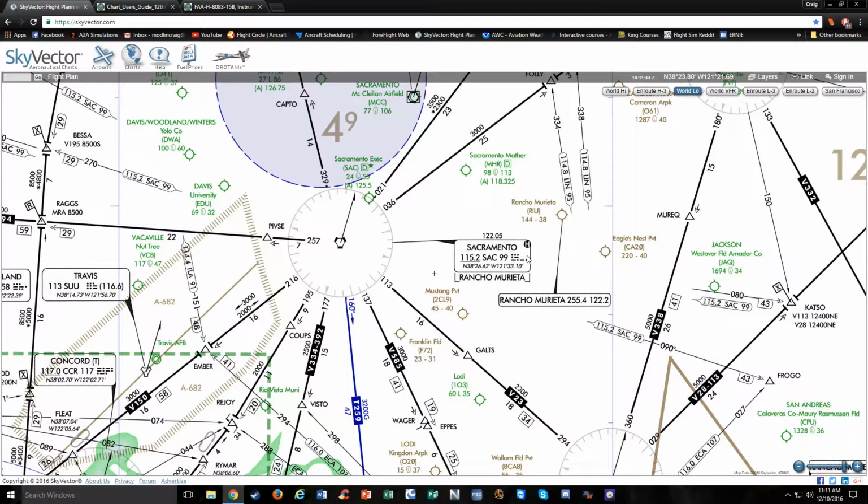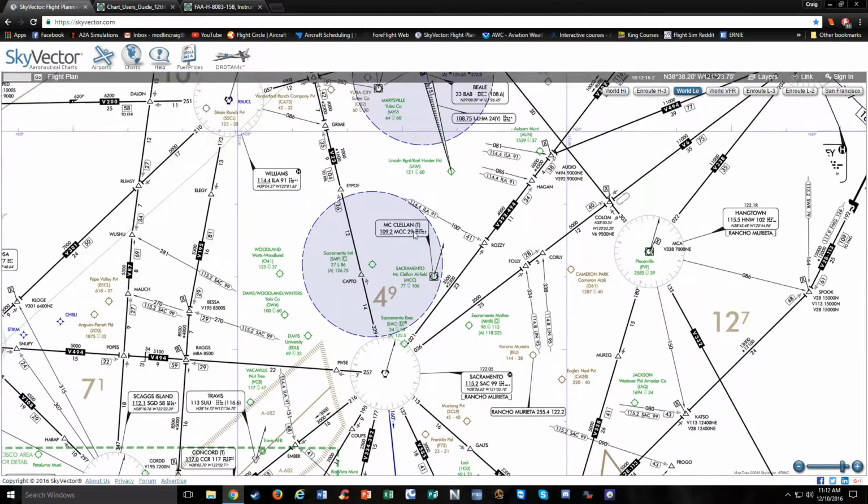And then some additional info with it is the H here indicates HIWAS. That's Hazardous In-Flight Weather Advisory Service. So you can listen to the VOR and get some extra weather info. And then down here, you can contact Rancho Marietta Flight Service Station through this VOR. Now with this frequency up here, 122.05. Now you notice there's an underline for the VOR frequency, which means no voice comes over the frequency.